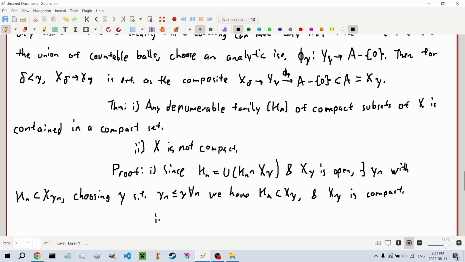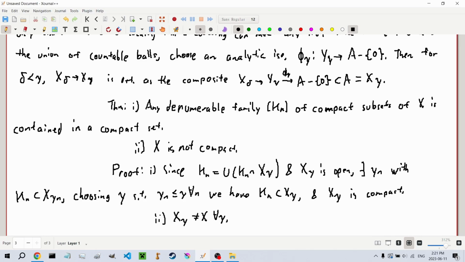And part 2 is straightforward, just seeing that x gamma is not x for all gamma, which itself is an open cover, I believe, which is not going to be reducible. It does not have a finite subcover.